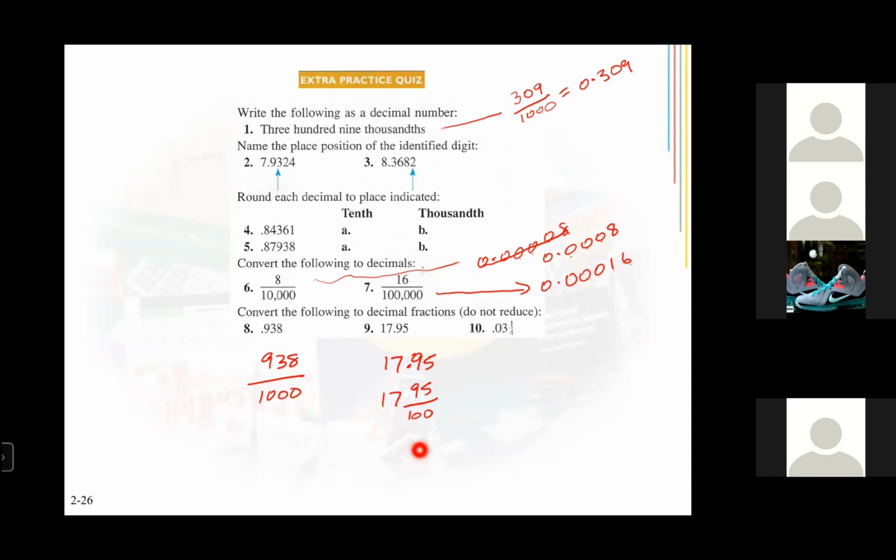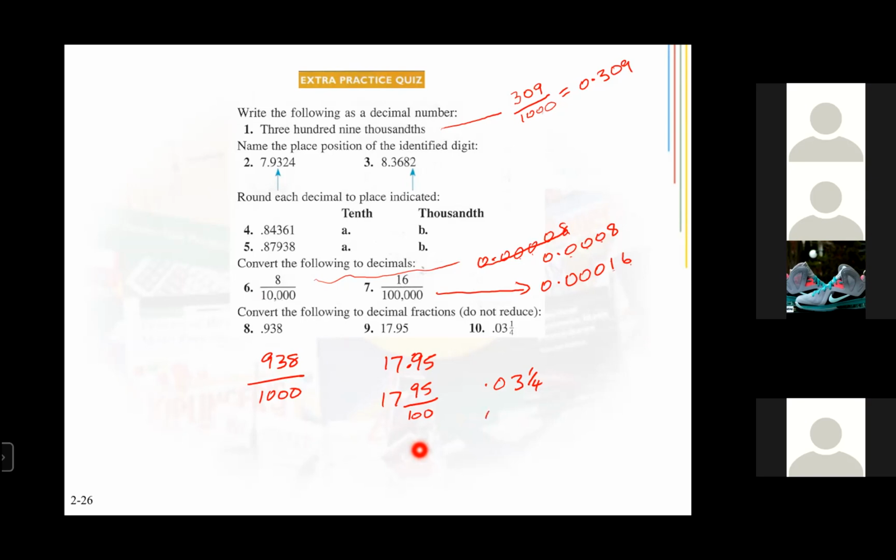And then 0.03 and a quarter. That's going to be 325 over 1,000.